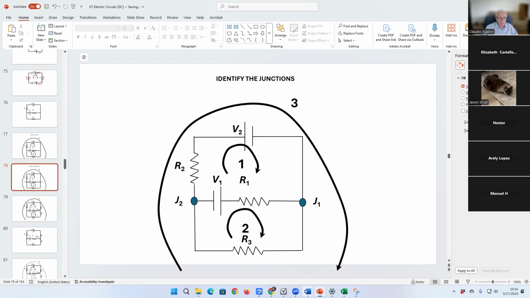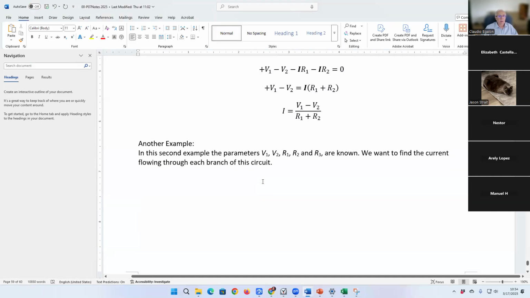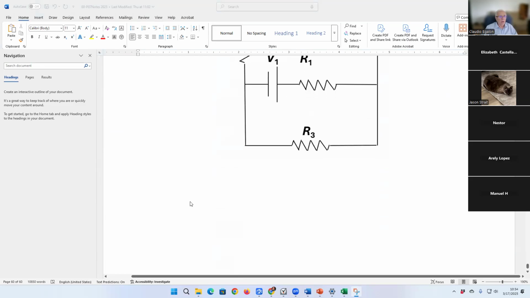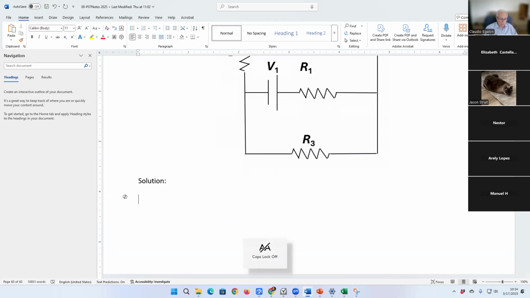Okay, so going back, that's my notes. In the second example, the parameters V1, V2, R1, R2, and R3 are known. We want to find the current flowing through each branch of the circuit. We already have that here, right? Solution. Identify the junctions. Identify the loops, all possible loops that you have in there.